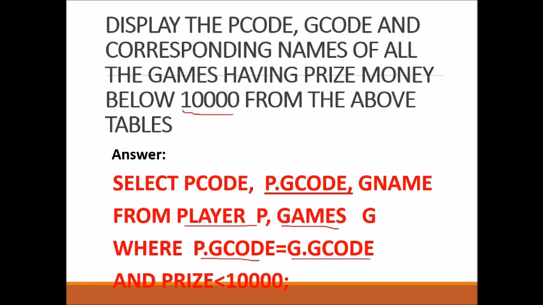Whenever the column names are same in both the tables, you have to write this alias name dot or table name dot. Here I have used alias name P and G respectively, so I can write P dot G code is equal to G dot G code, and price below 10,000. This is how the two tables are joined. This particular part is compulsory when there are two tables in from clause.